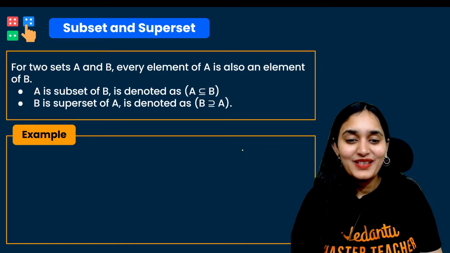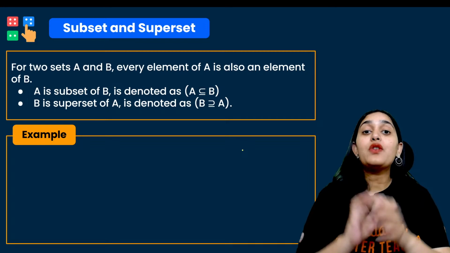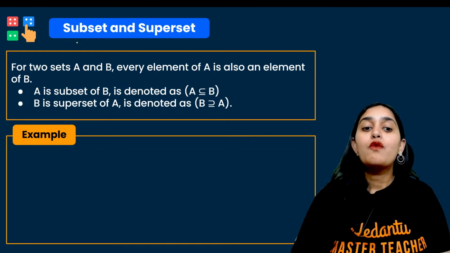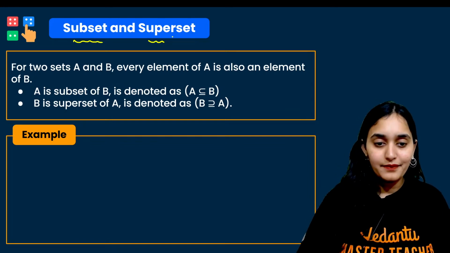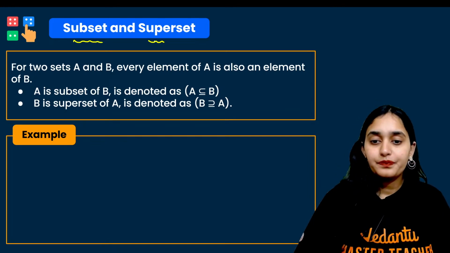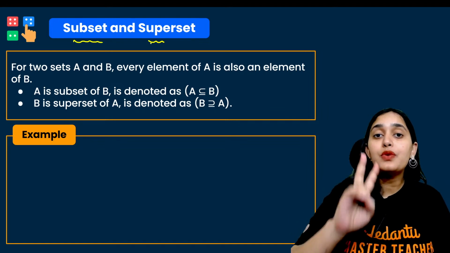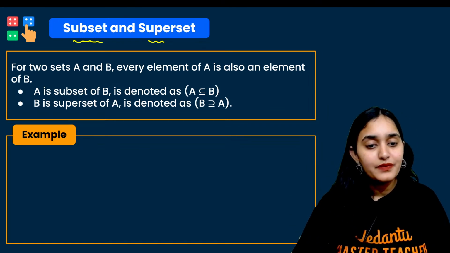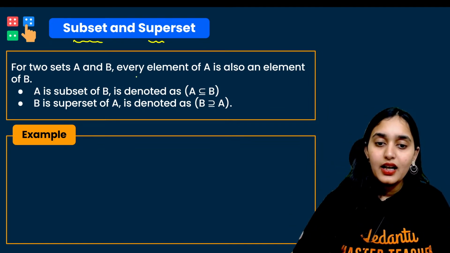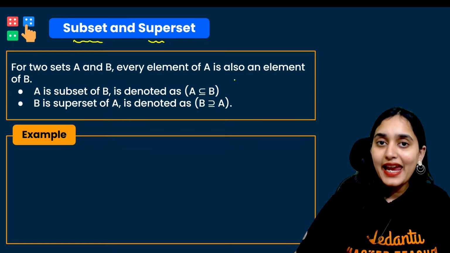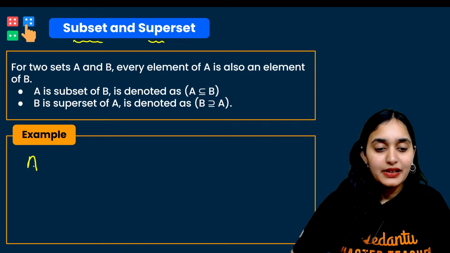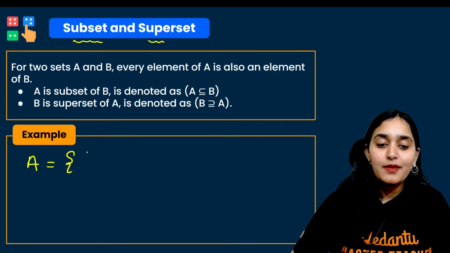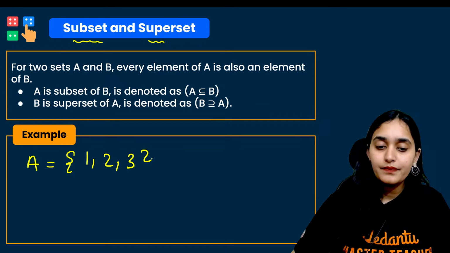Okay, great. Now coming to a very important topic. What do we understand by subset and superset? Now, if we have two sets A and B such that every element of A is also an element of B. For example, set A has elements 1, 2, 3.